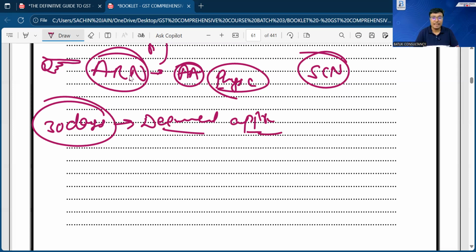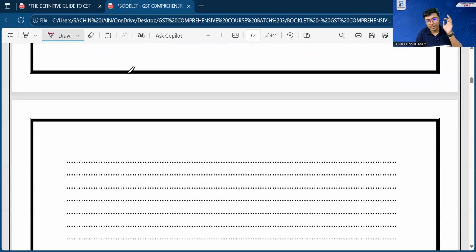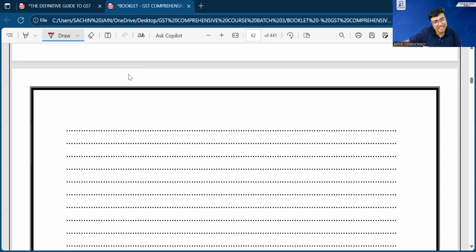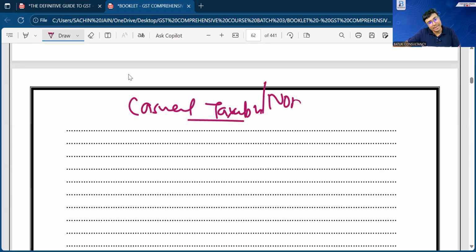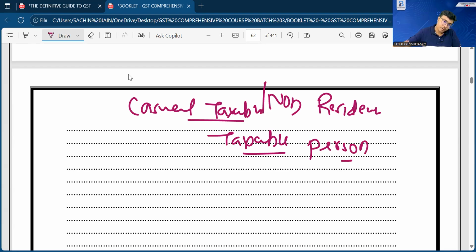Okay. And sir, we have done our discussion on a special concept, that is casual taxable person and non-resident taxable person. Sir, what do you mean by casual taxable person or non-resident taxable person?